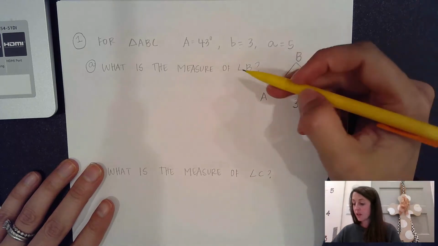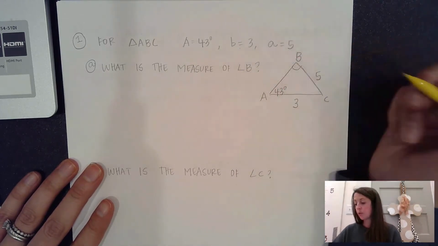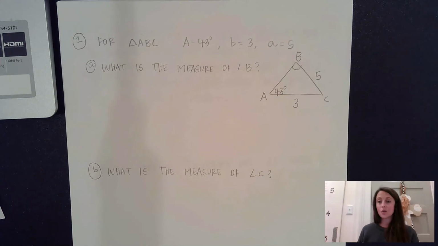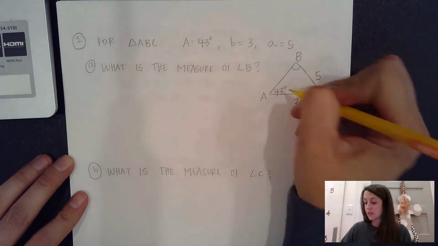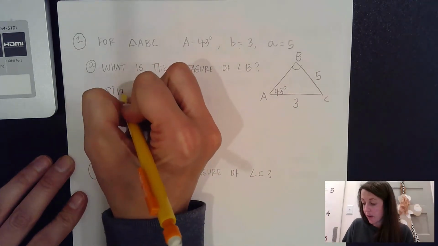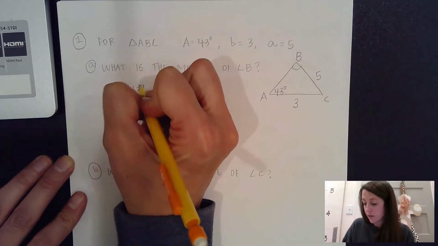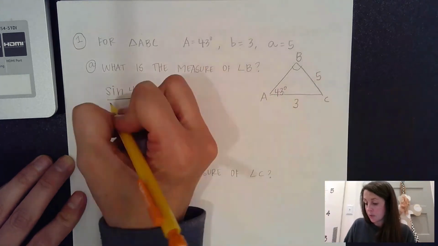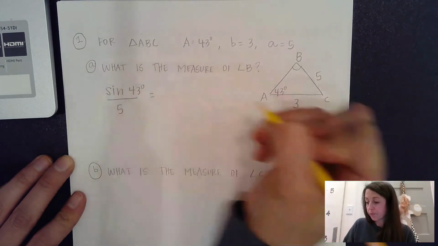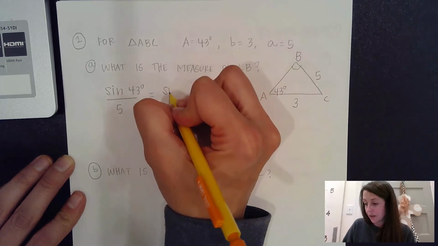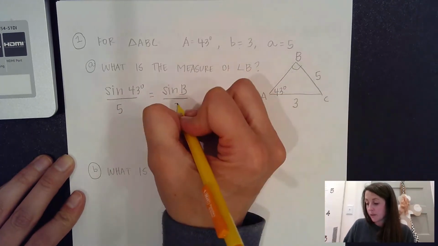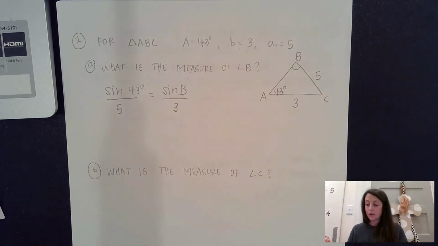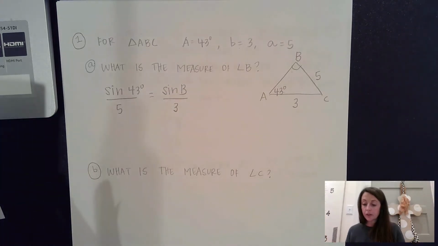If I wanted to find the measure of angle B, what could I use, law of sines or law of cosines? For this one, I'm going to use law of sines. So sine of angle A, which is 43 degrees, over side A, which is 5, is equal to sine of angle B over 3. This is where you can use your calculator.